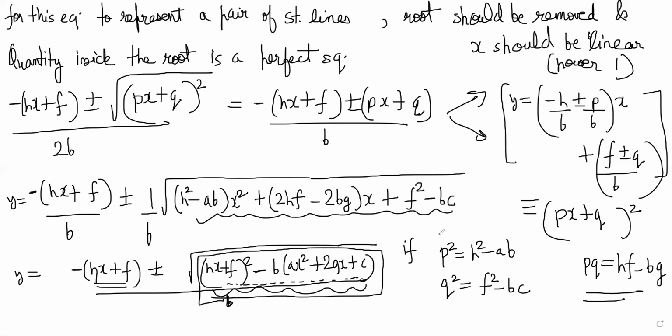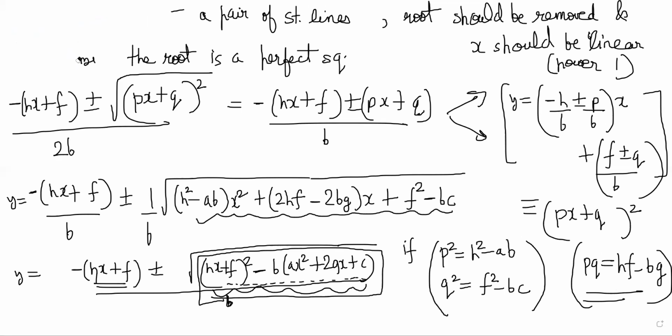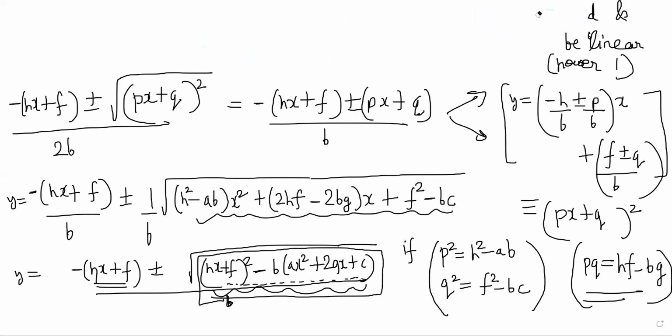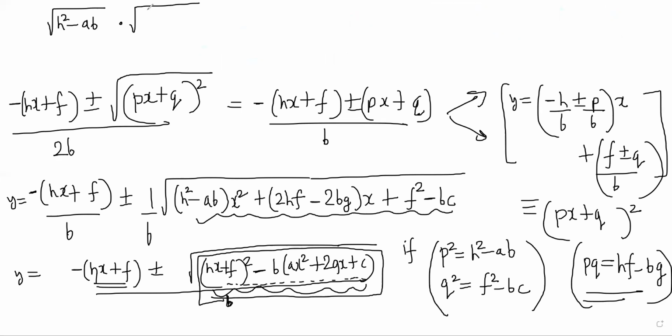So now if you notice these three things, you can immediately write a condition. You will say p is equal to root over h square minus ab, and q is equal to root over f square minus bc, and you get the condition root over h square minus ab multiplied by root over f square minus bc should be equal to hf minus bg, right? Then only this pq matches what we should get here.